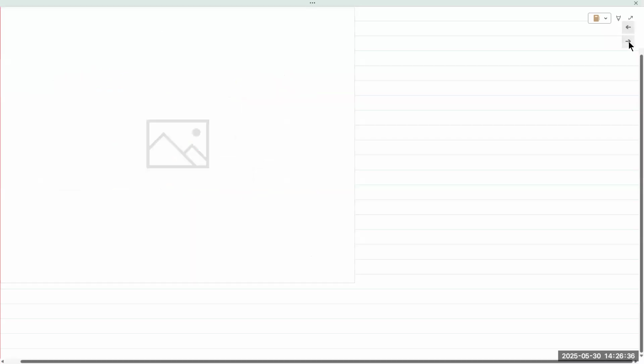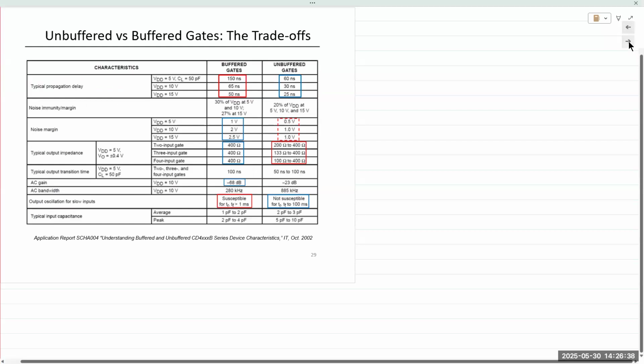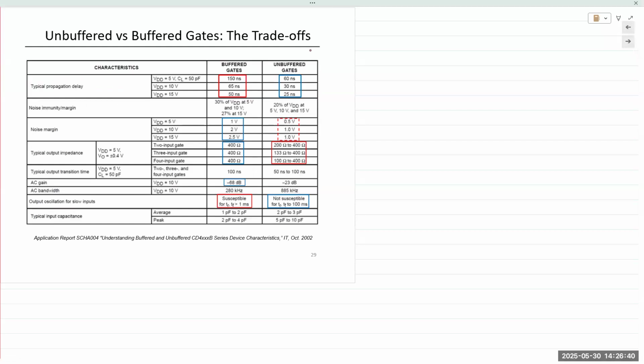The downside to that is, of course, that the buffered gates are slower, with more propagation delay. Obviously, the more gates you add, the longer it has to go.